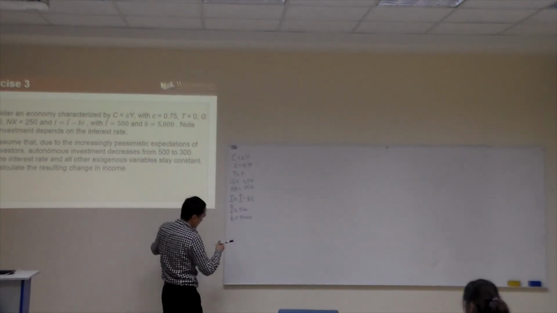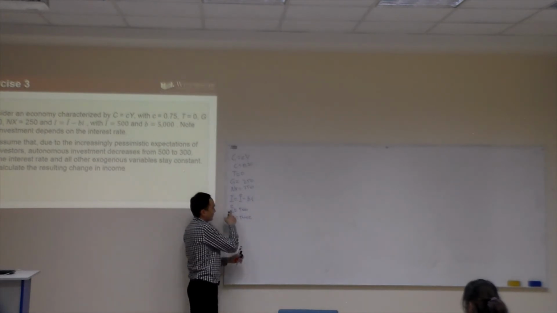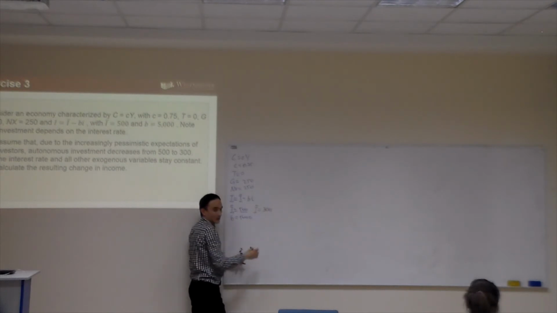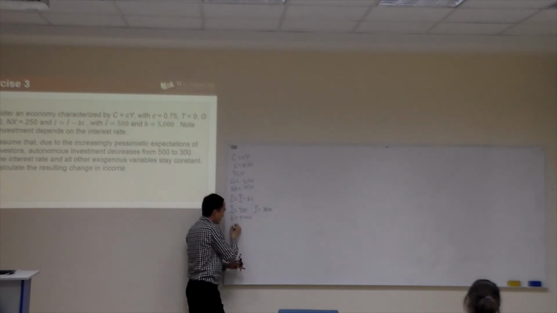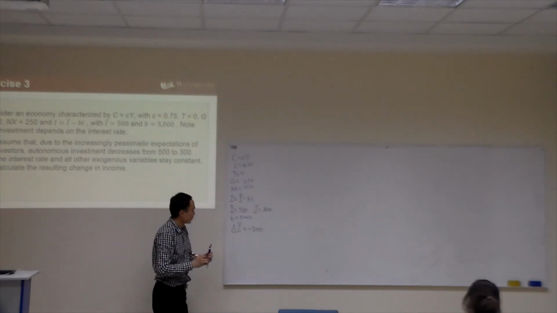So it's better to reduce it. According to this, our autonomous investment was initially 500, and now, because of investors' pessimism, it is reduced to 300, right? Which means that the change in autonomous investment is minus 200, okay.